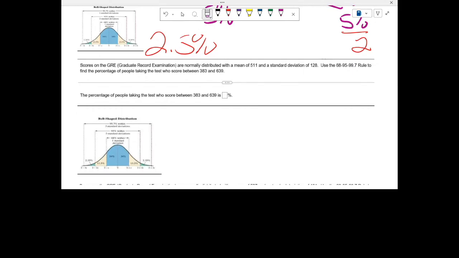Just like most of us probably took the TSI test, or some of you might have taken the ACT, there's another test you take to go to graduate school, and it's called the GRE. So let's take a look at this problem.